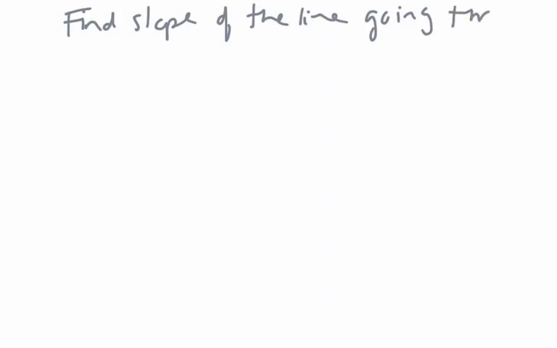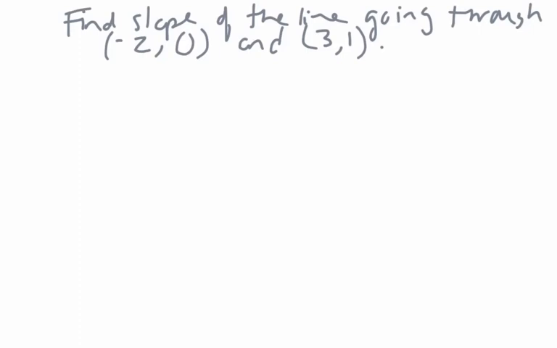Find the slope of the line going through, or you might also hear the word containing, (-2, 0) and (3, 1). All right. And so I always encourage my students to be able to approach problems from different angles.